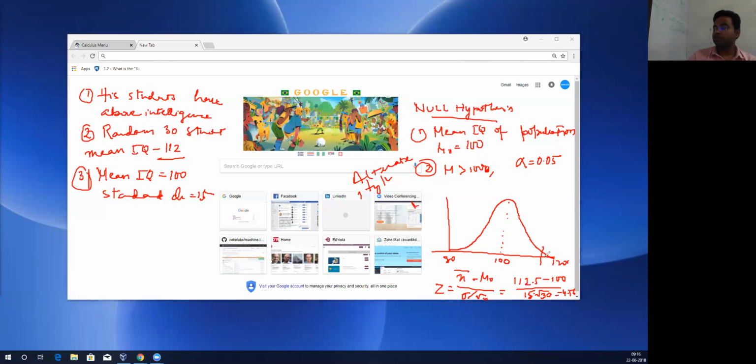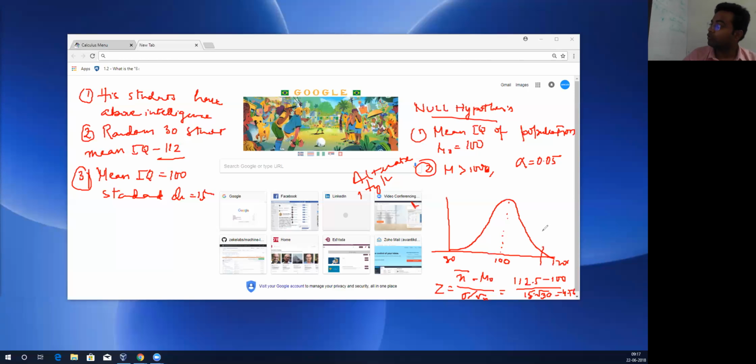When you use 0.05, you're trying to find out the area in here, the top 5%.